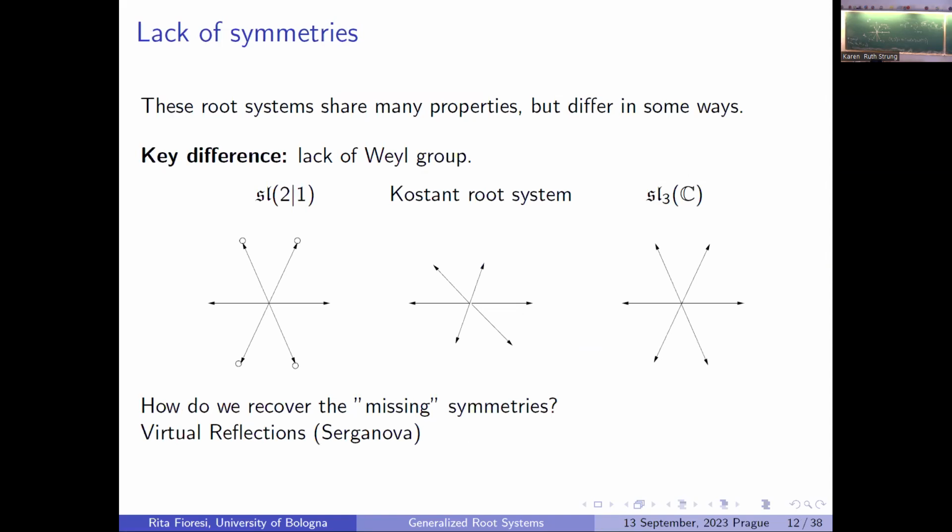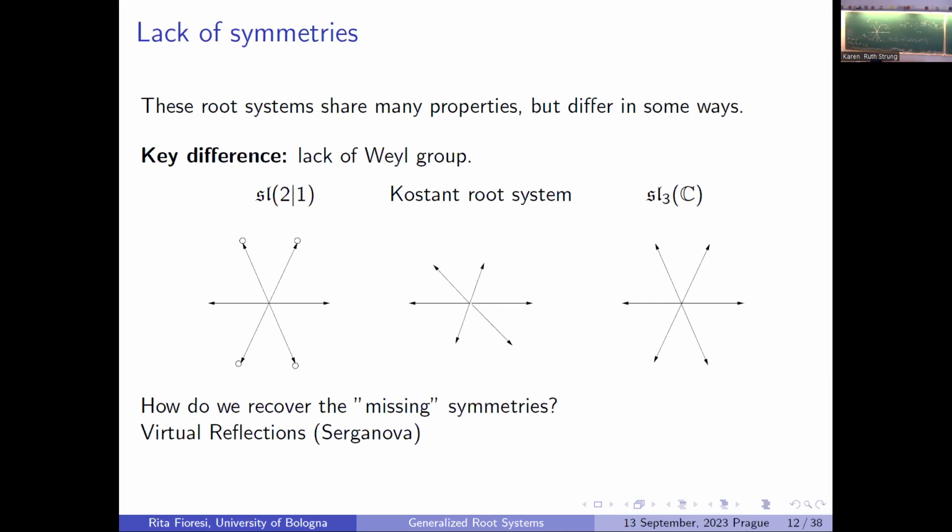Okay, again, I put here in this picture the three types of root systems that we talked about in a very simple example. So there is the example of SL3, which I left on the board, which is perfectly symmetrical. And then the constant root system, which is a projection of an SLN over a two-dimensional subspace.